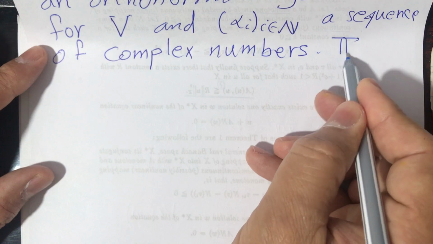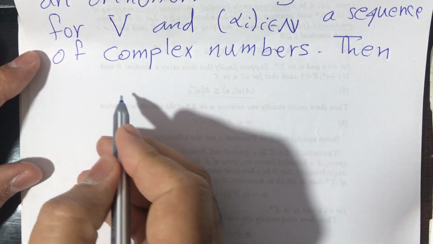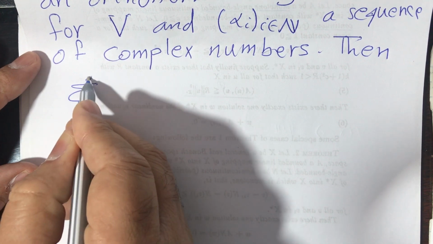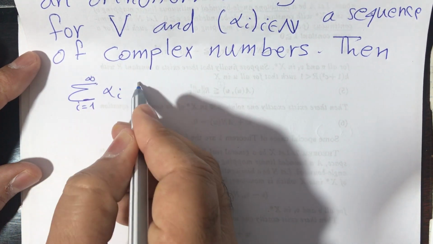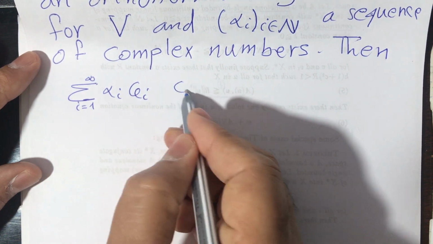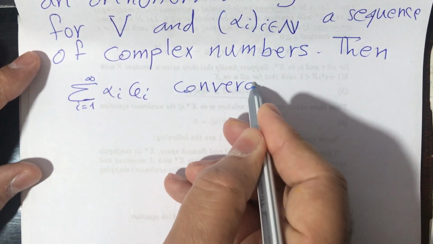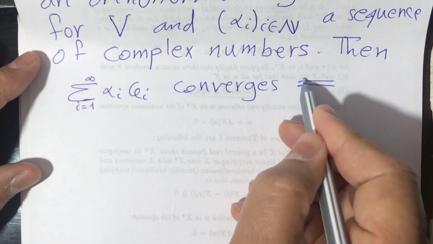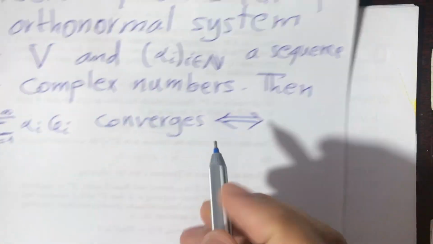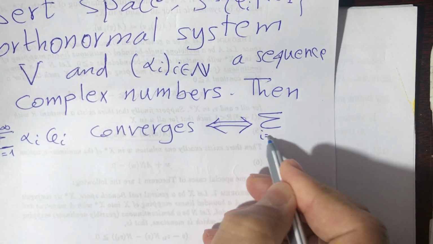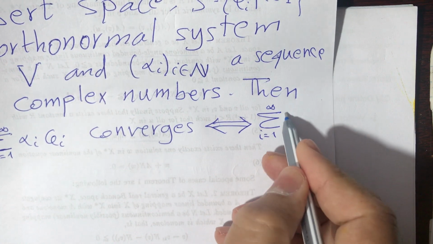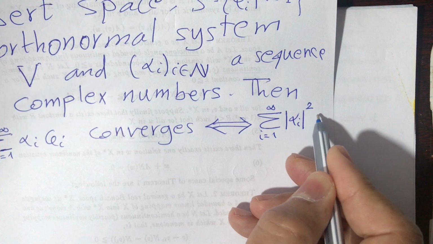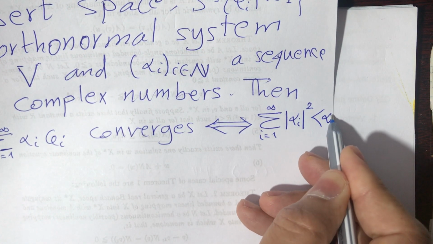Then the summation I equals 1 to infinity alpha I phi I converges if and only if the summation I from 1 to infinity of the absolute value of alpha I squared is less than infinity.